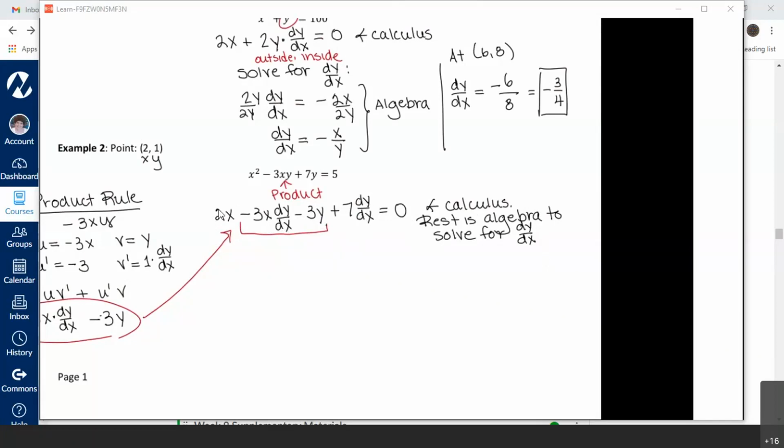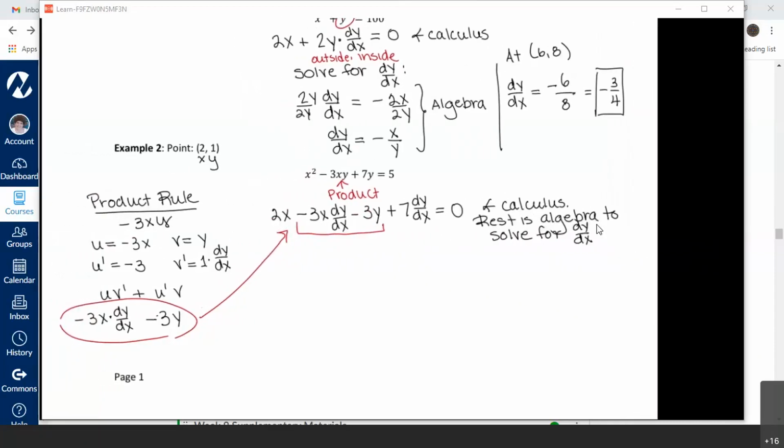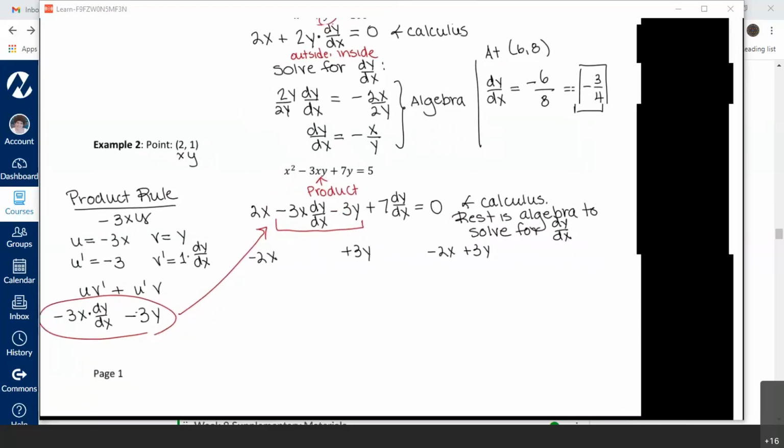So these are going to get moved using algebra to the other side. This term's positive, so I need to subtract it to get it over here. This term's negative, so I need to add it to get it over there. So what I'm going to do is minus 2x, and then plus 3y, and then minus 2x plus 3y over here. Everybody all right with that?